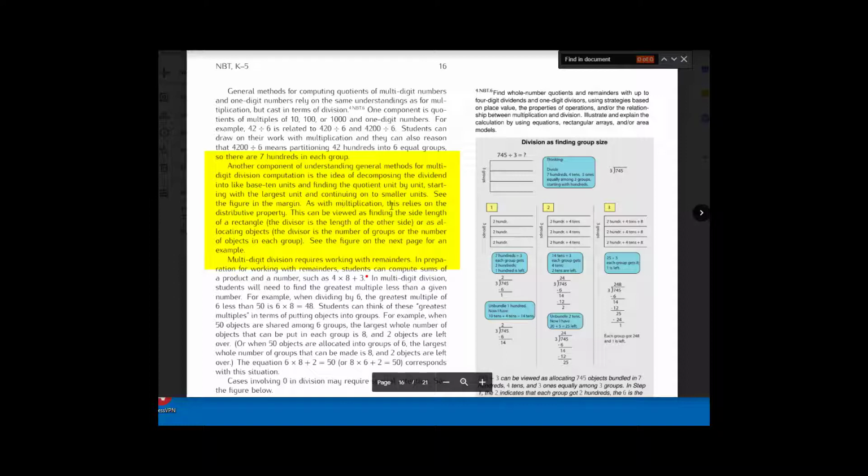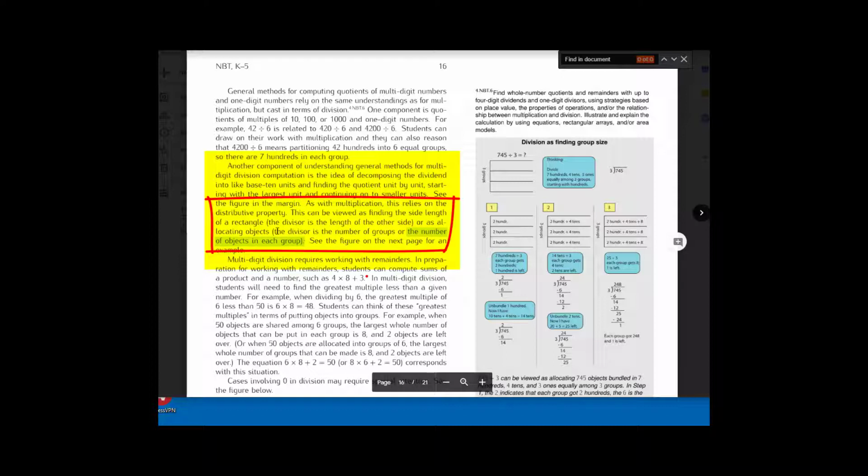As with multiplication, this relies on the distributive property. This can be viewed as finding the side length of a rectangle, where the divisor is the length of the other side, or as allocating objects, where the divisor is the number of groups, or the number of objects in each group. In the video, we saw an example of the number of objects in each group, which is partitive division.